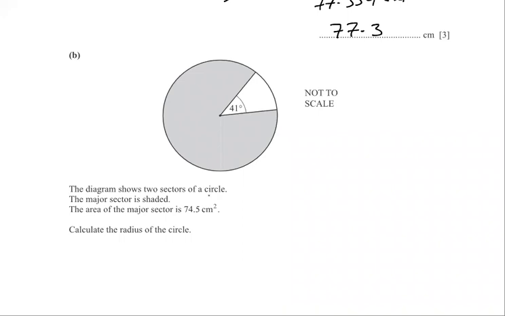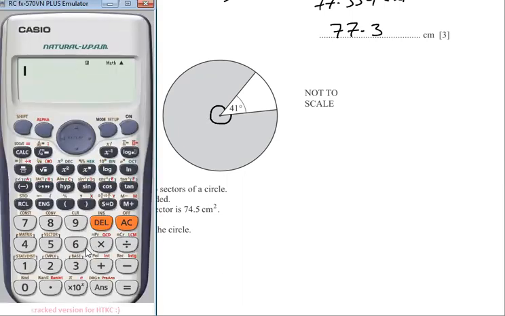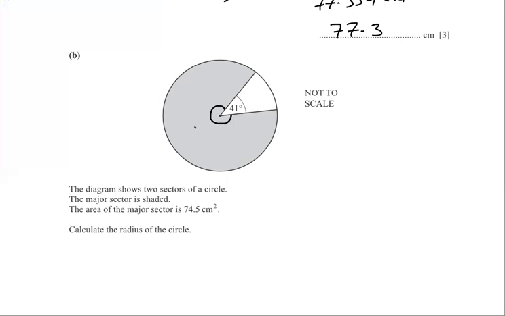The diagram shows two sectors, one is the minor sector and the other is the major sector. The minor sector makes an angle of 41 at the center. Then what will the major sector make? Obviously, the major sector will make 360 minus 41. So if I take 360 minus 41, what will it be? 319. It means this angle is 319.